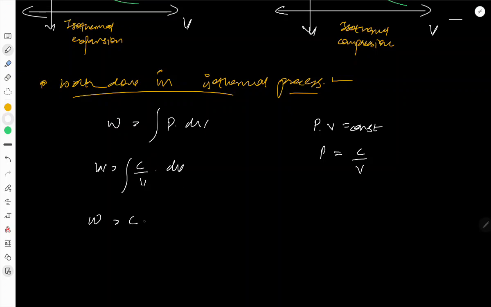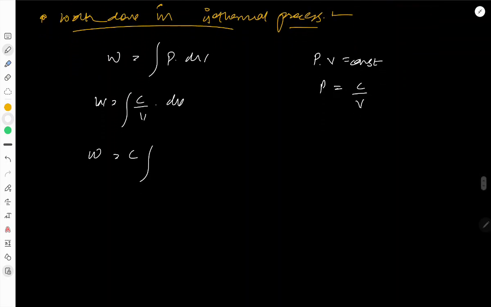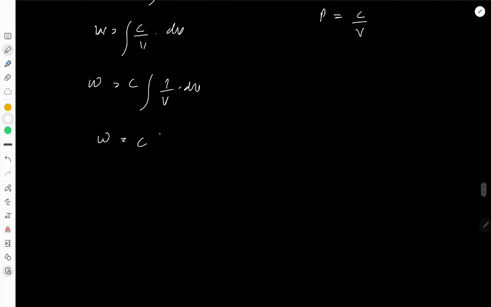We know that work done is equal to C times the integration of 1 by V dV, which would be equal to C into log V, I'll write limits from V1 to V2 just for generalization, log V from V1 till V2.